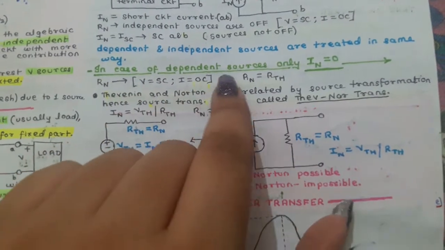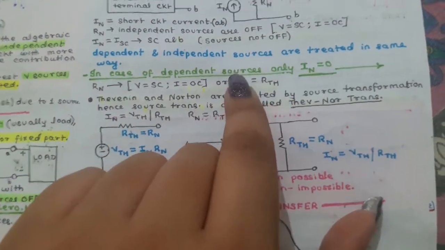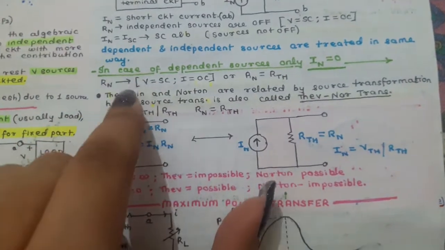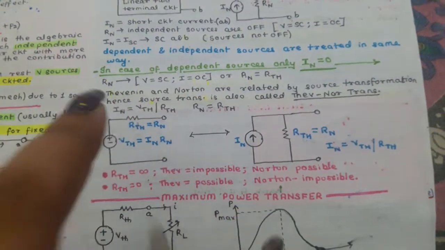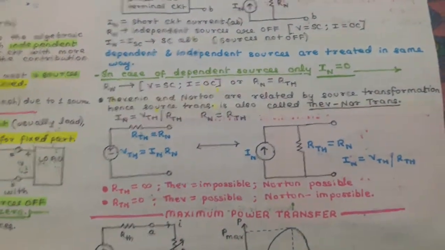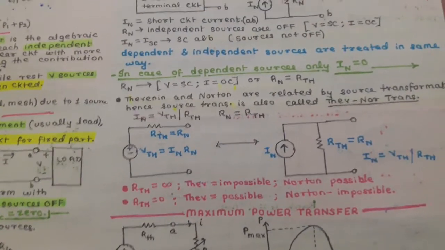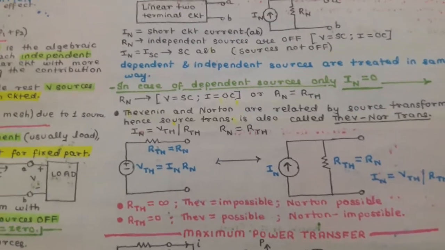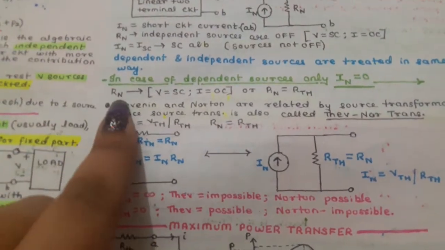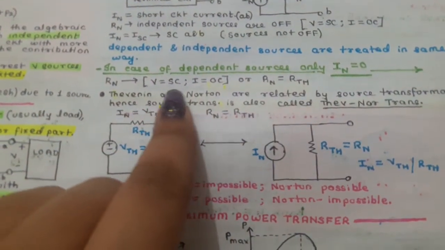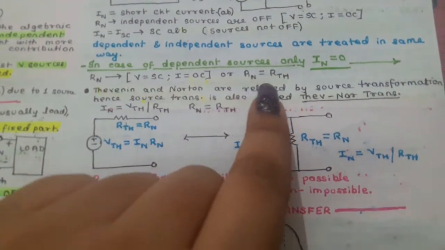Keep this statement in mind, and don't fall into the traps of the UPSC engineering services exam. They purposefully try to waste your time and lose your confidence, so people get nervous there. Then to find RN, we make voltage sources short circuit and current sources open circuit, and so on.